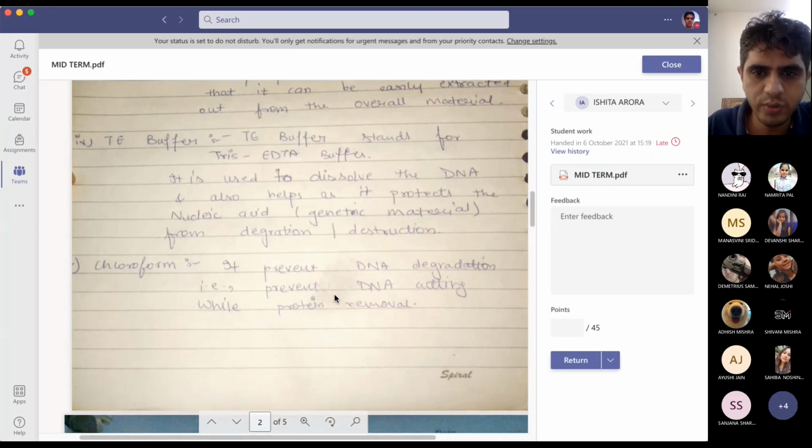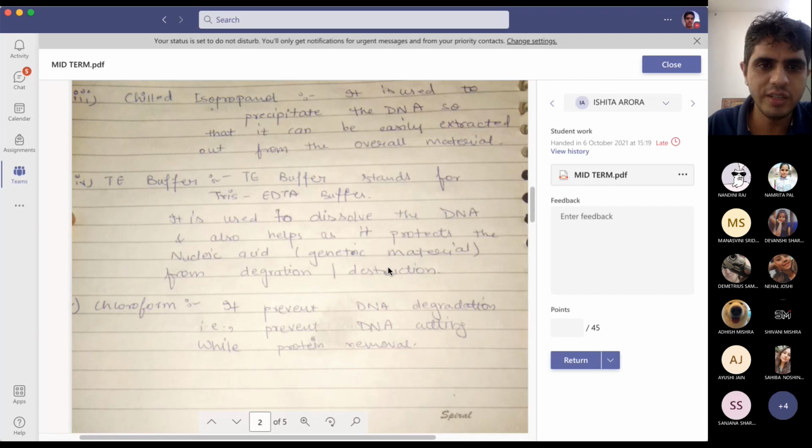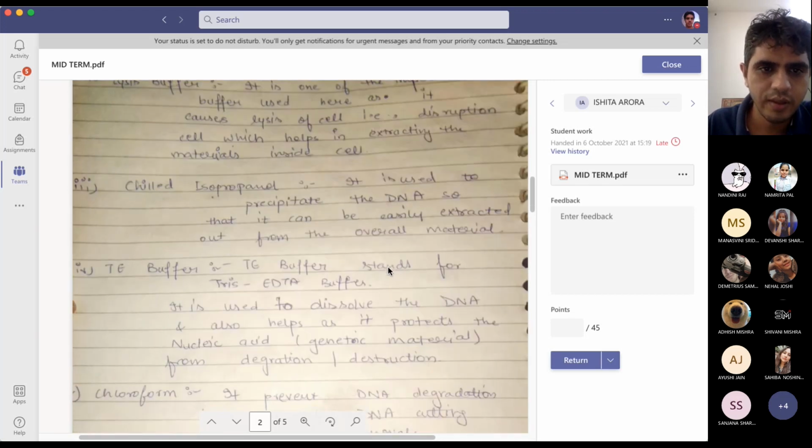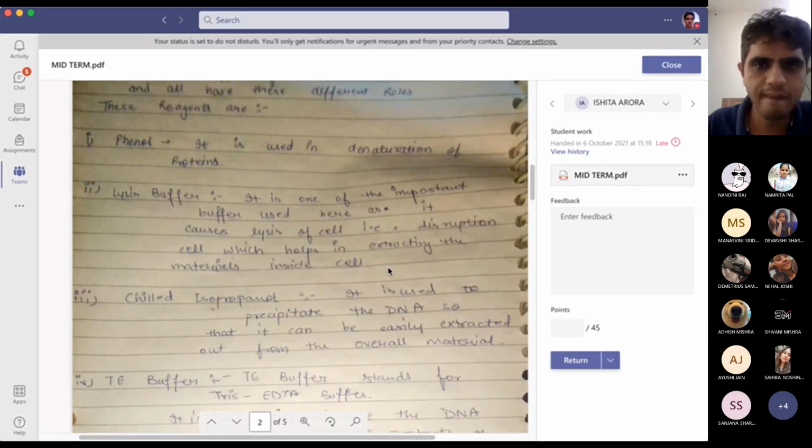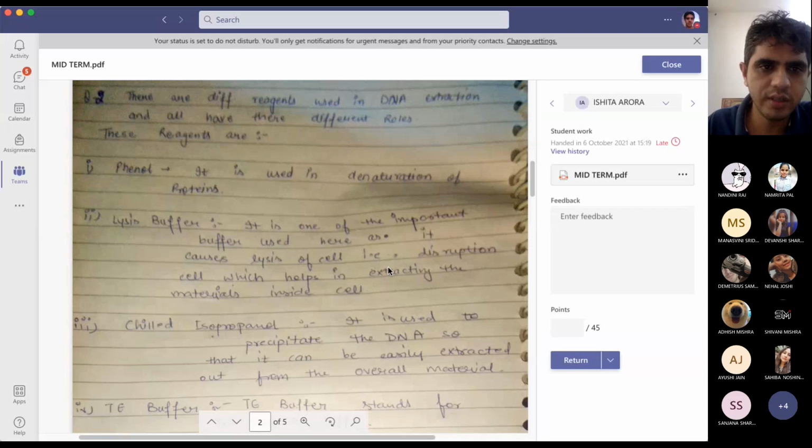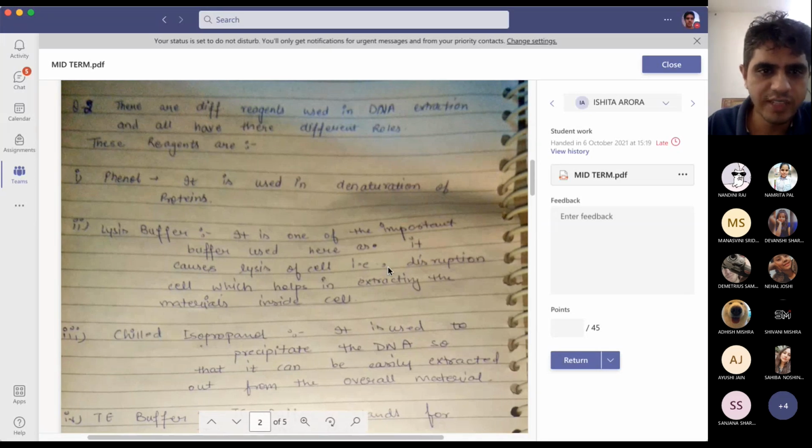The role of chloroform is not to prevent the degradation of DNA, that is, prevent DNA cutting, while protein removal. Okay, so how protein removal is going to happen, that you should write. Okay, sir. And denaturation of protein, and you should write SDS somewhere.